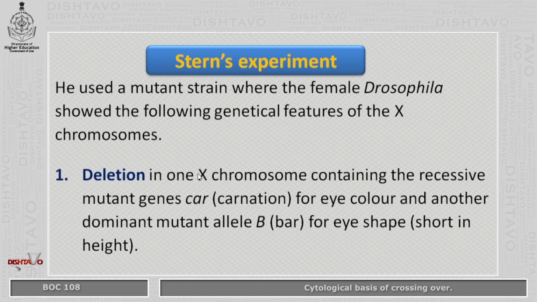One X chromosome showed deletion, which is a chromosomal aberration. This X chromosome also contained a recessive mutant gene for carnation eye color and another dominant mutant allele B for bar shape of the eye.